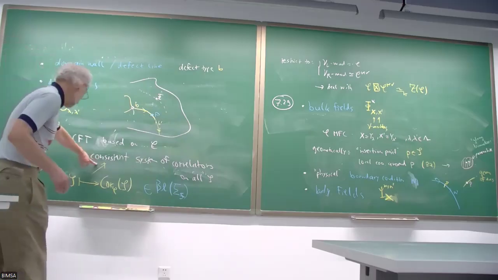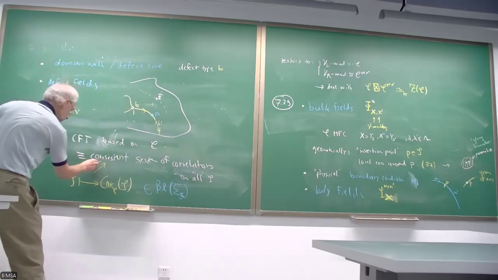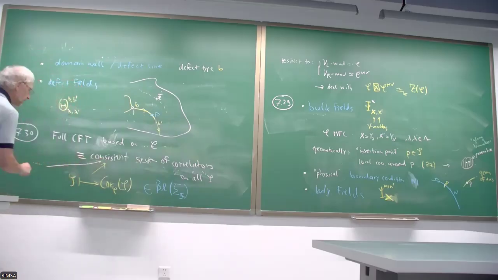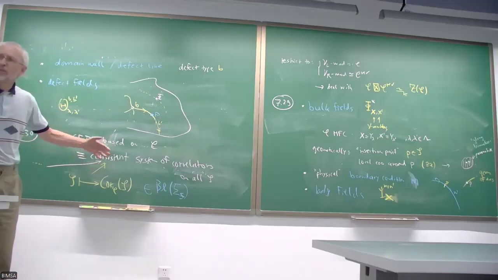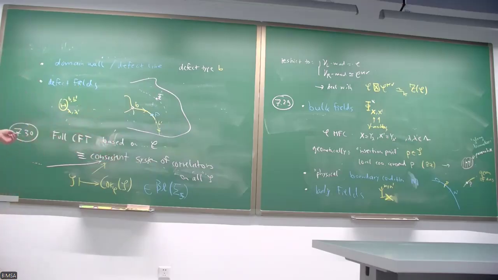And consistent here, I don't write it down, is first of all, it should be invariant under the relevant mapping class group. What that is, I will tell you a bit later. And it should be compatible with sewing.